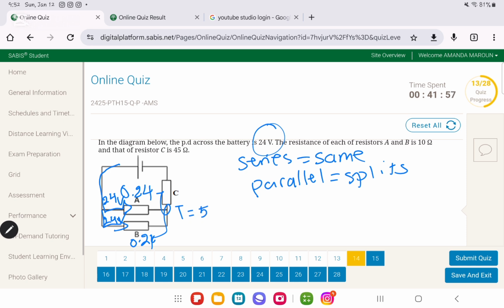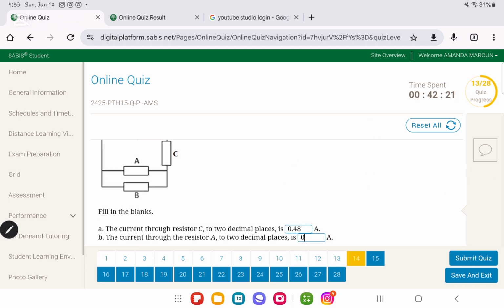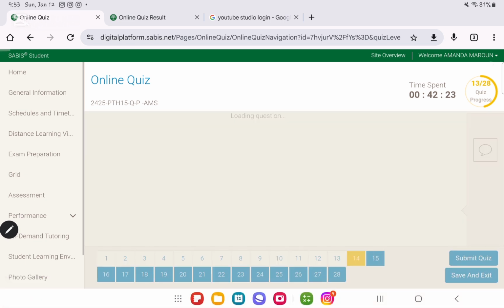Then we take the current that we got before, which is 0.48, and multiply it by 5 to get the voltage, which is then 2.4. Then we take 2.4, for example, and divide it by the resistance of A, which is 10, and we are going to get 0.24. So that is how we get 0.24.